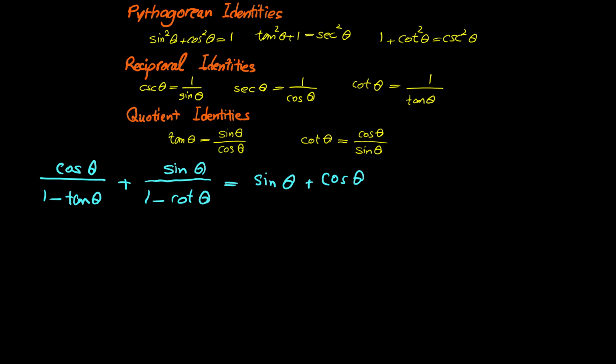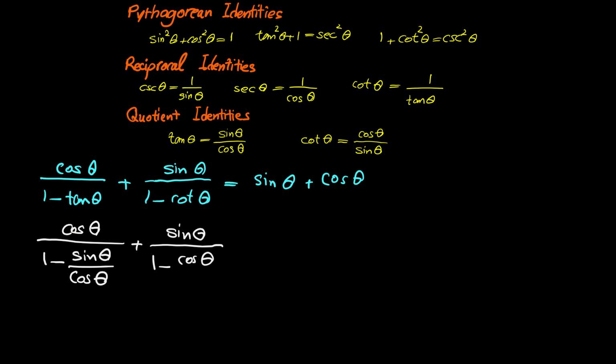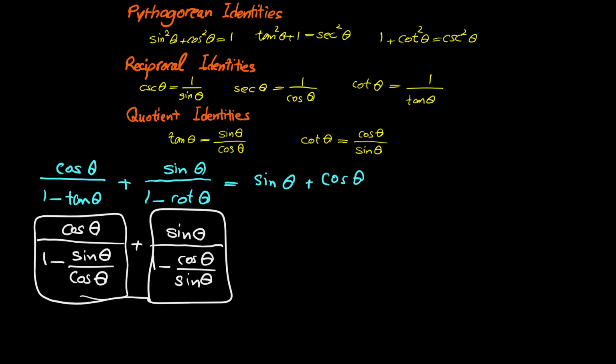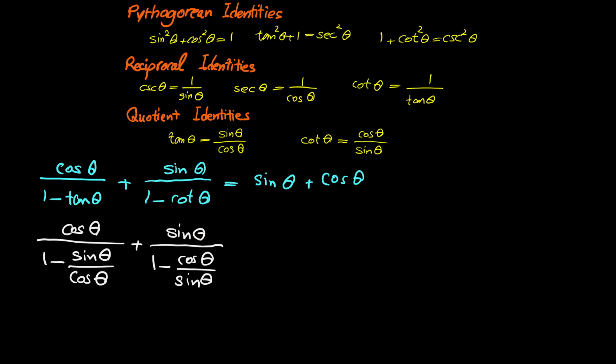So I am going to write this in the form of cosine theta over 1 minus sine theta over cosine theta, plus sine theta over 1 minus cosine theta over sine theta. Now we have to simplify these fractions. You can do it in different ways.